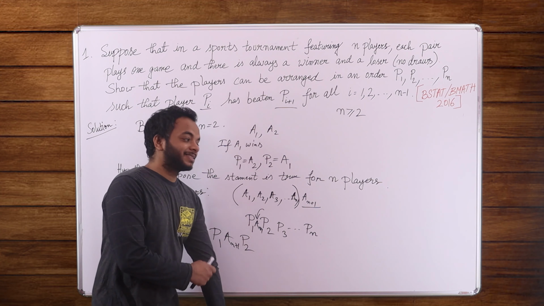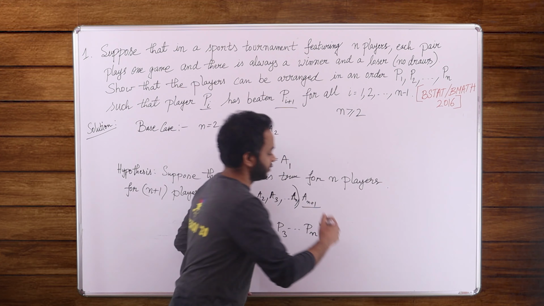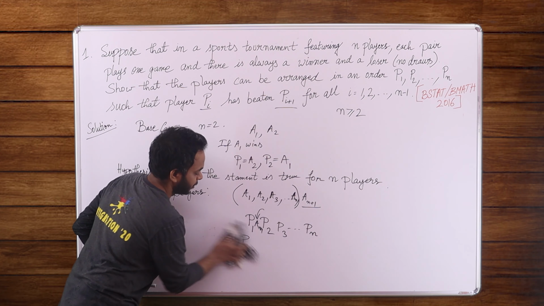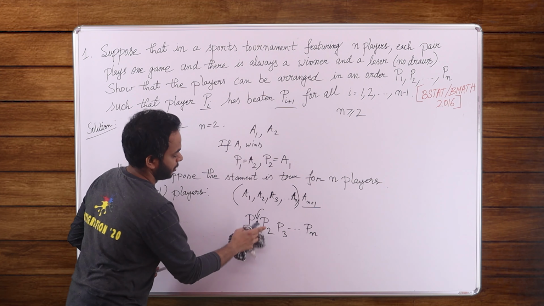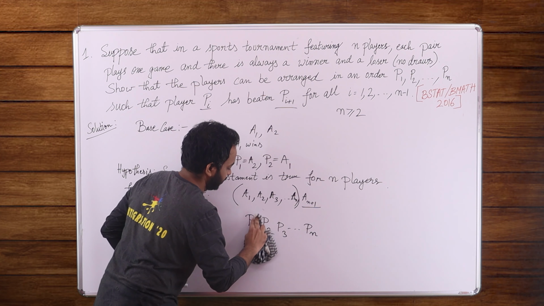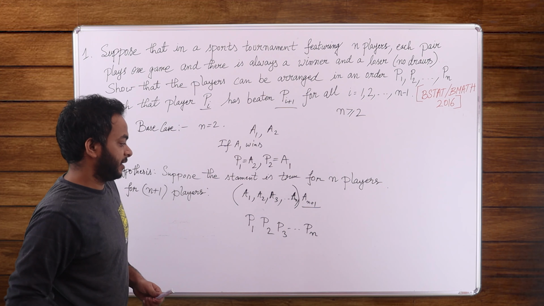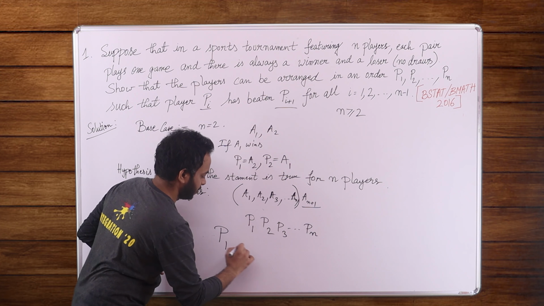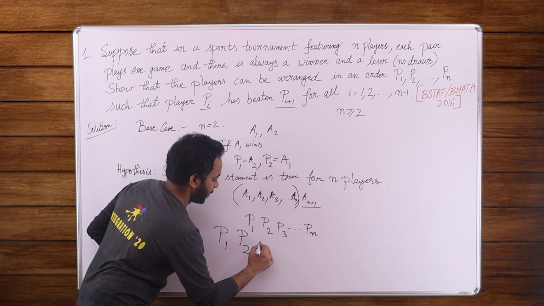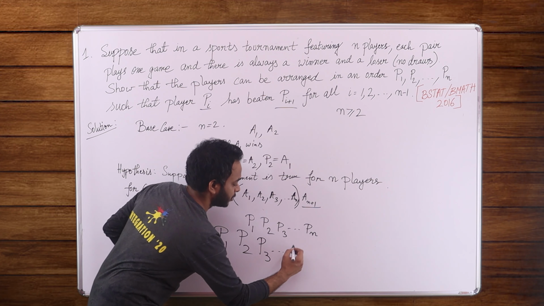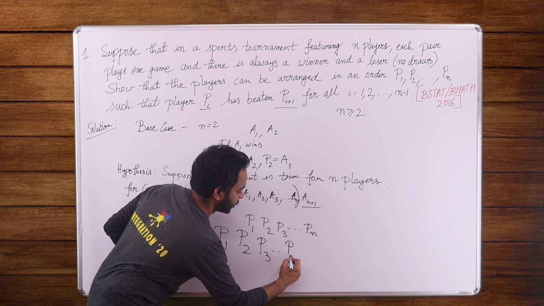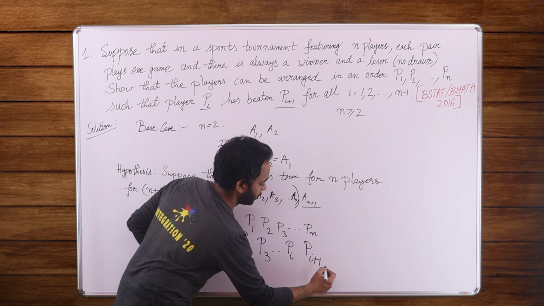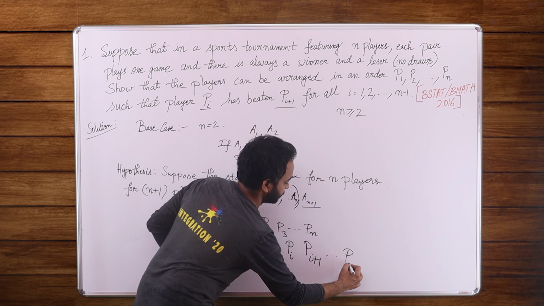And now let's generalize this. So not only for p1, p2, now we will generalize this for arbitrary. So suppose let's expand this further, that is p1, p2, p3, pi, pi plus 1, and till pn.